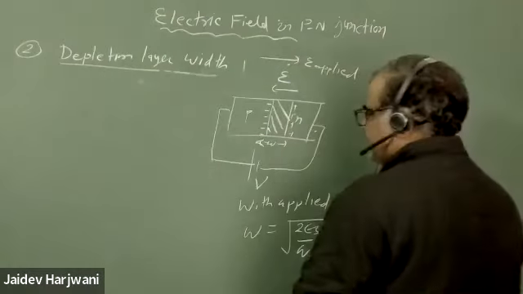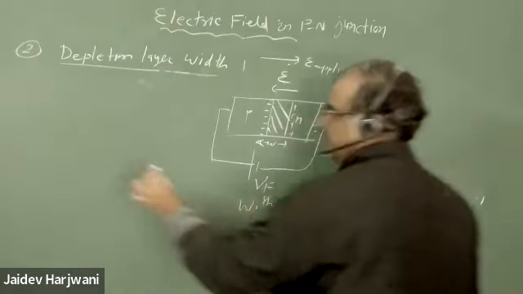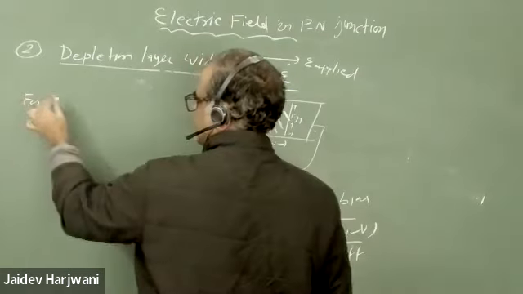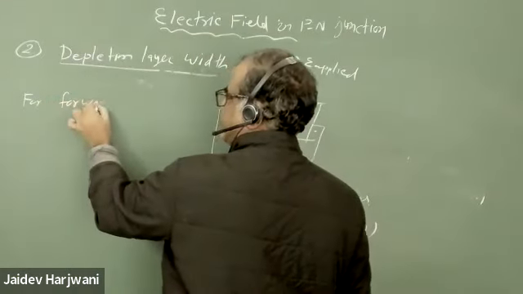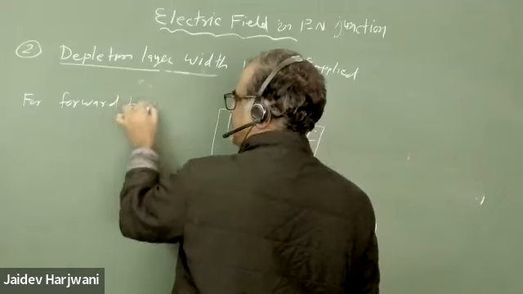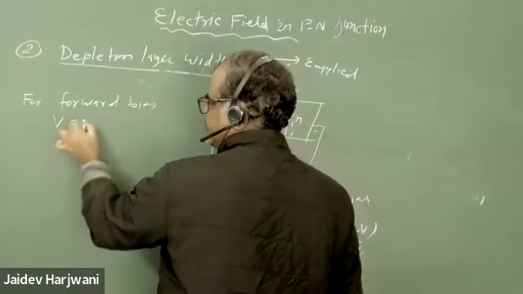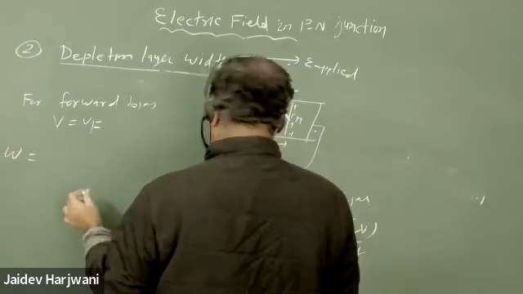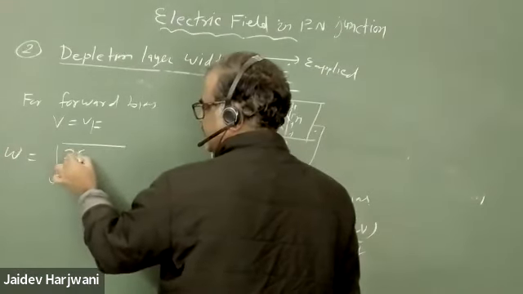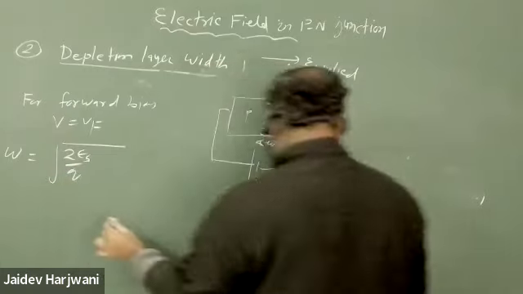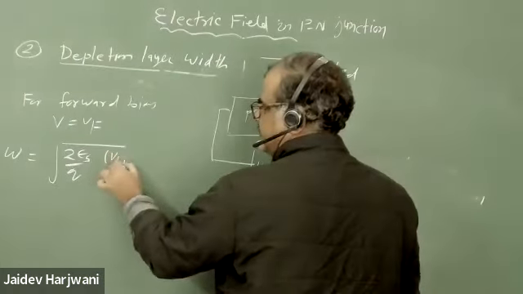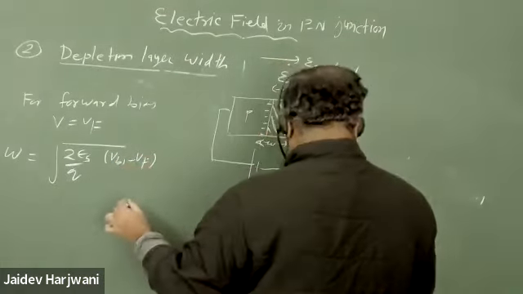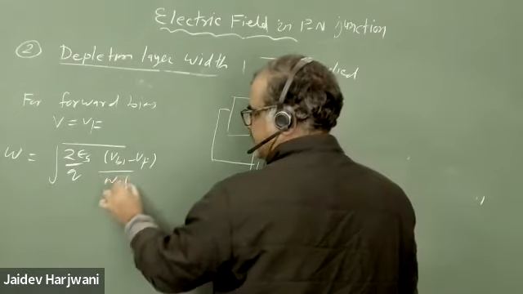For forward bias, when V applied equals VF, the depletion layer becomes 2 ES upon q times VBI minus VF upon N effective.